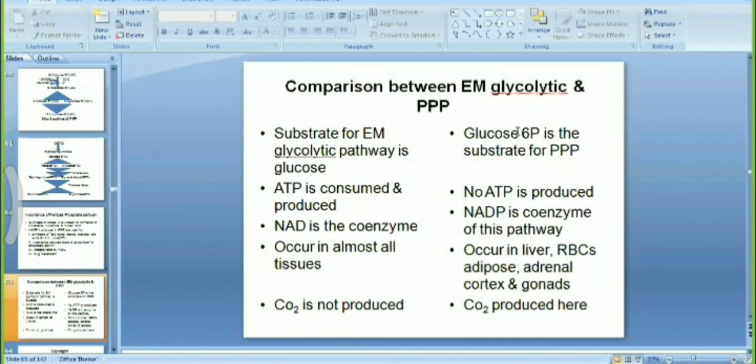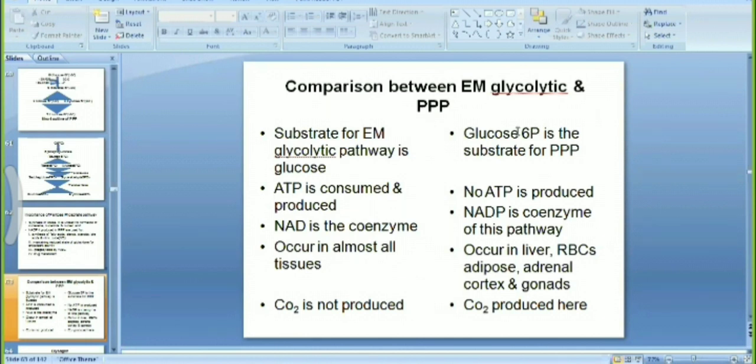The hexose monophosphate shunt occurs in liver, red cells, adipose tissue, adrenal cortex, gonads. In the glycolytic pathway, carbon dioxide is not produced. Carbon dioxide is produced in the hexose monophosphate shunt pathway.